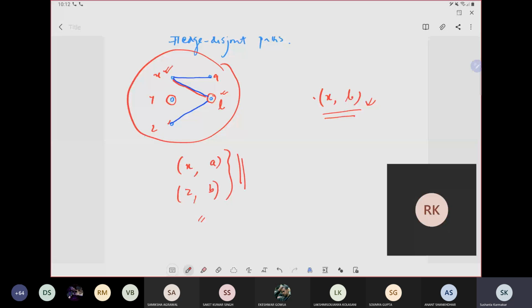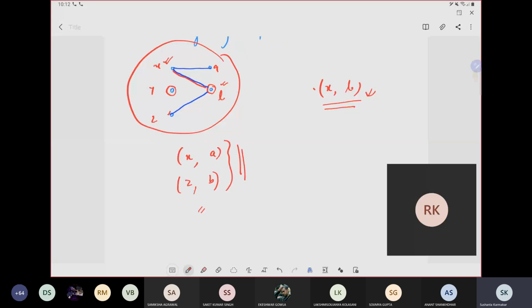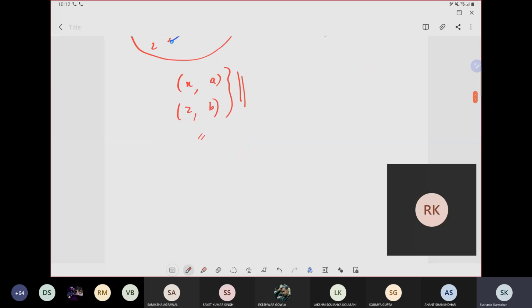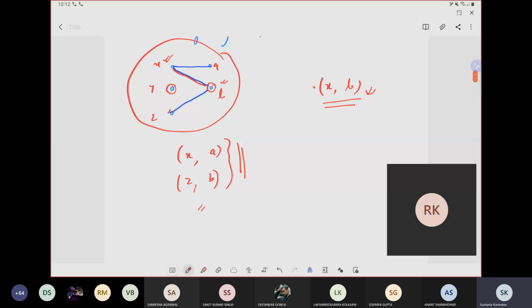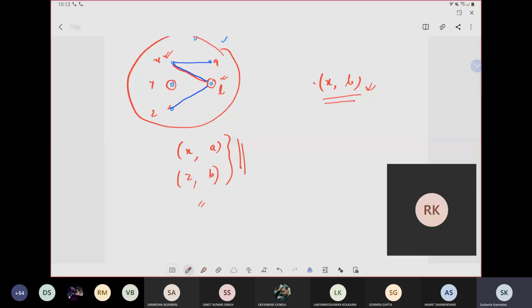So this is a higher matching size, the maximum matching size. Remember, this graph is not a complete bipartite graph. It is a simple bipartite graph. Complete bipartite means every node on the left side is connected to every node on the right side.